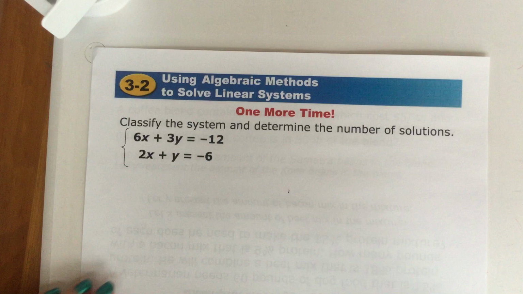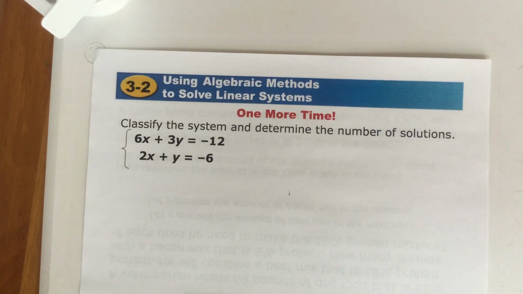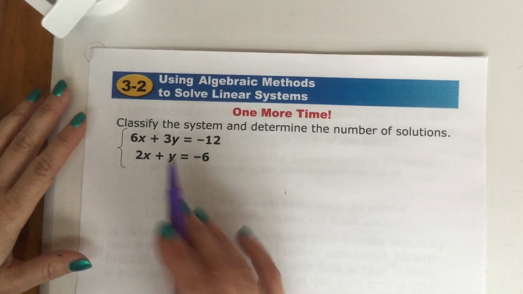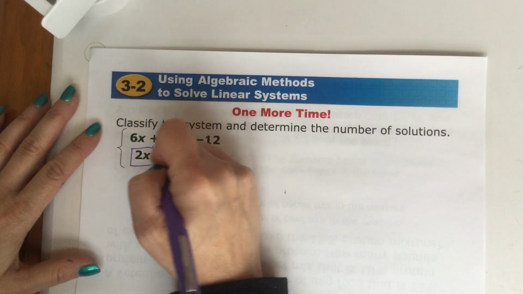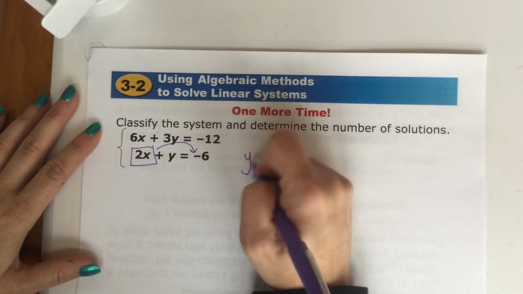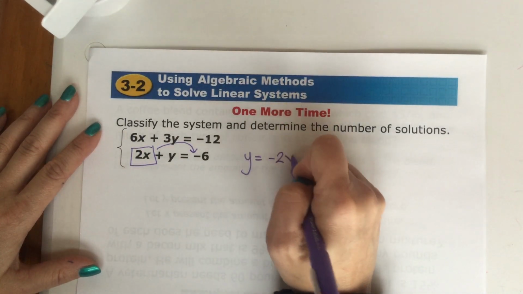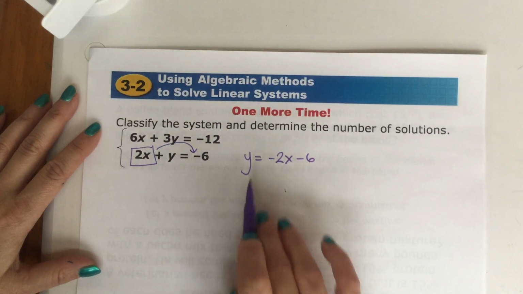Okay, one more like this. Classify the system and determine the number of solutions. So if I want to use, let's go substitution again because I can easily get y by itself. So y equals, this is a positive 2x, so I would need to minus the 2x to the other side.